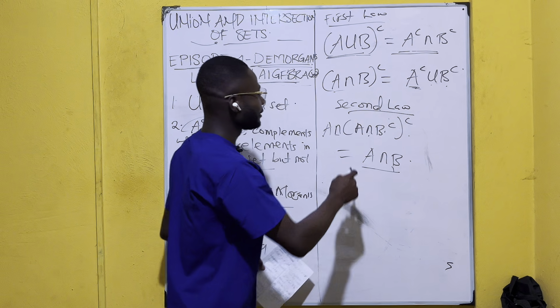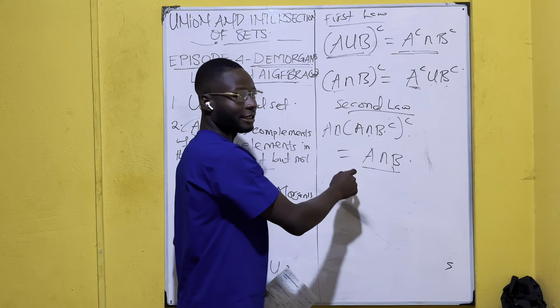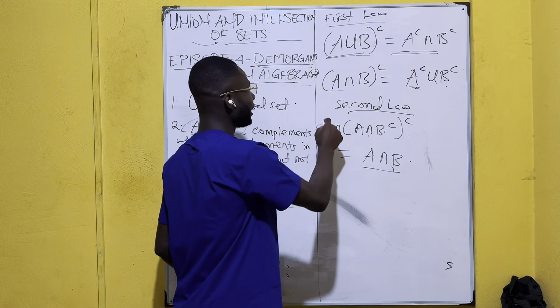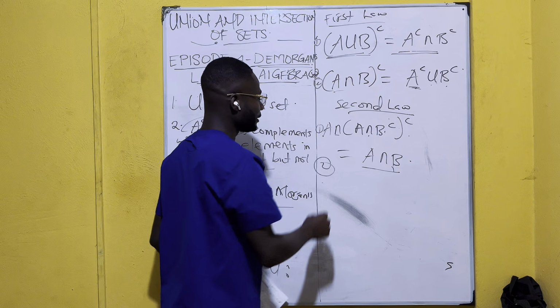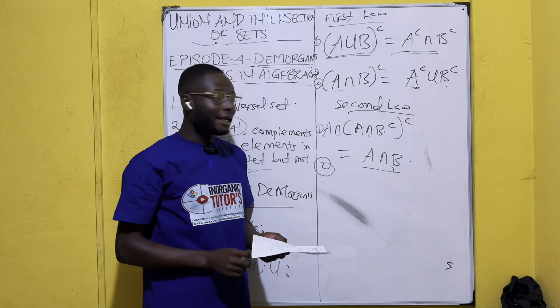Now let's look at the sub law under the second law. So this is the first one under the second law, right? So the second law under the second law.